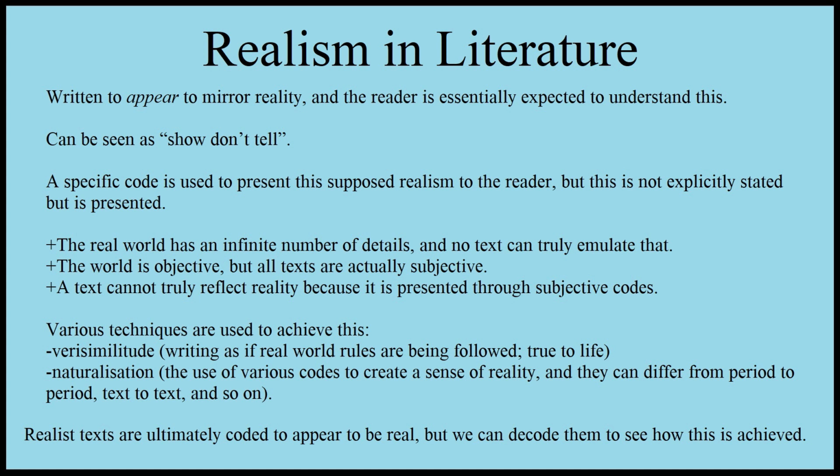They are instead representations, right? So they are coded to seem real. But if you are looking at a realist text and writing about it and analyzing it, you need to break down those codes and try to decode them to understand what the writer, filmmaker, whatever, is doing to make us think that this is real.